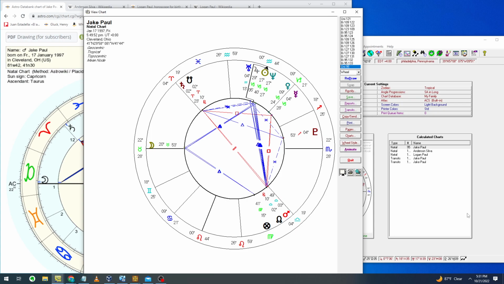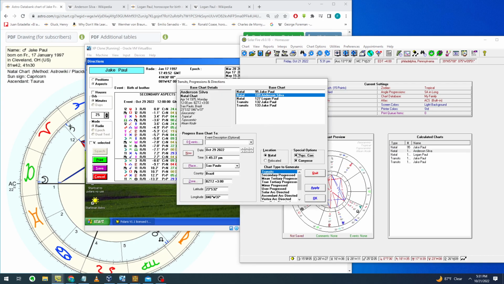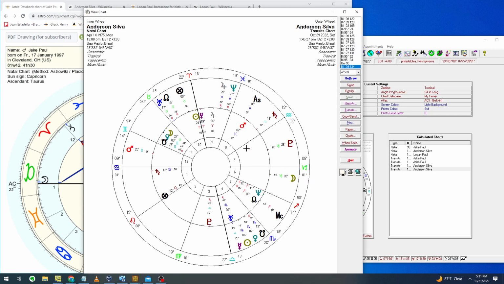Now let's look here at this Anderson Silva. The main thing that caught my eye here, he's already on a losing streak, mainly because of this Pluto square to his sun.